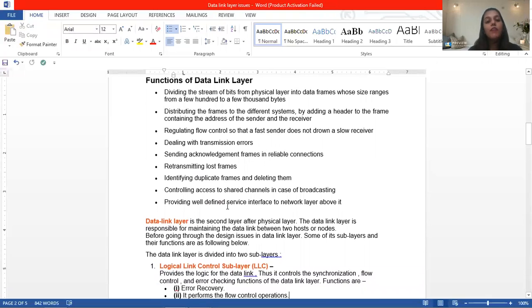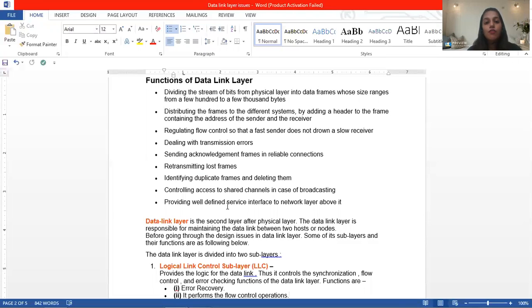And sending an acknowledgement frame in reliable connections. If you don't have acknowledgement, there is no reliability that data is sent to the receiver. Retransmitting lost frames: if any frame is lost, then retransmit it. Identifying duplicate frames and deleting them, if frames are sent repeatedly.